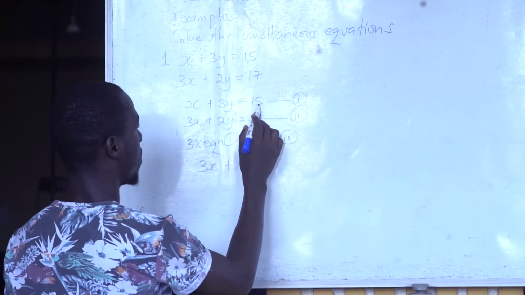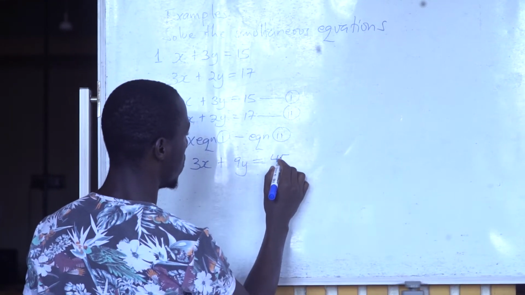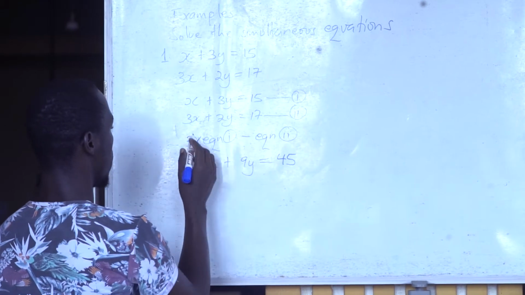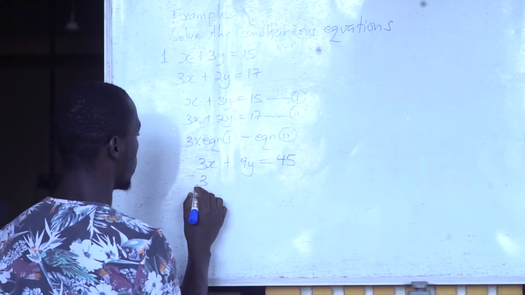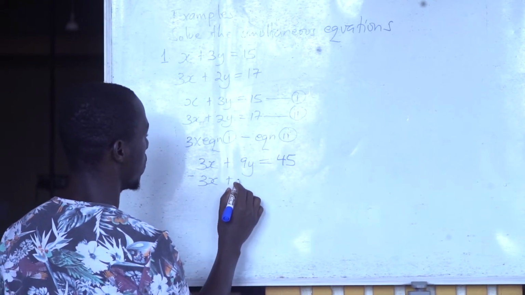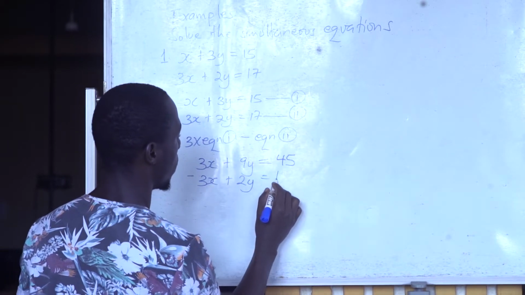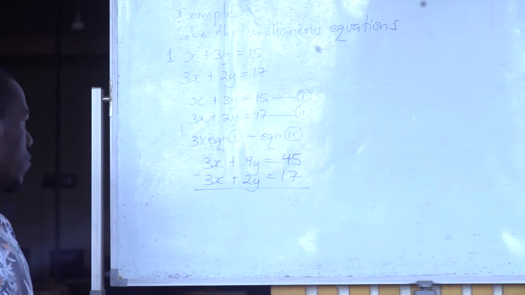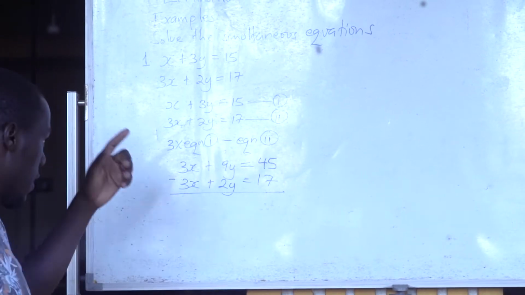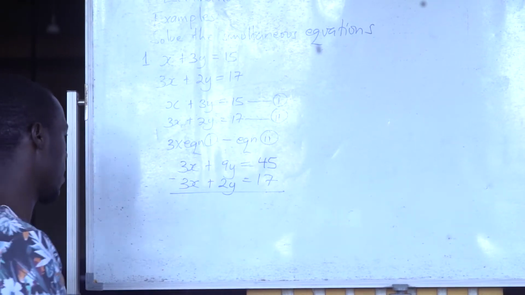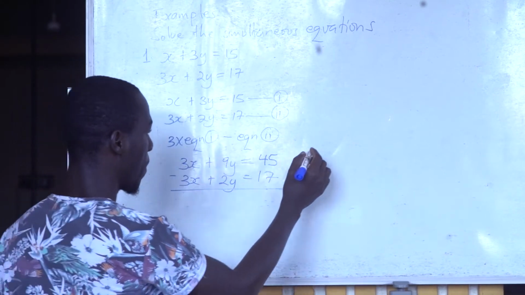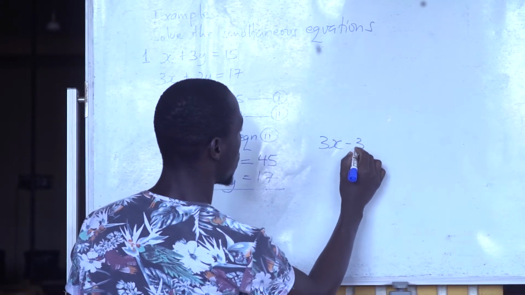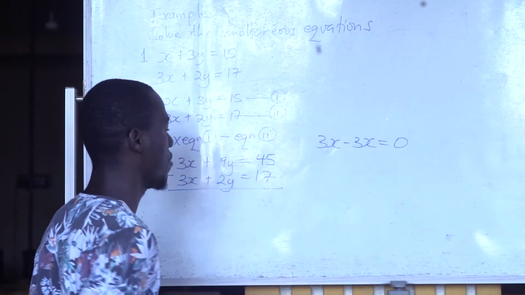So when I multiply 3 times 15, I get 45. Then I subtract it with equation 2. So when I subtract, the x goes, that is 3x minus 3x, we get a 0.